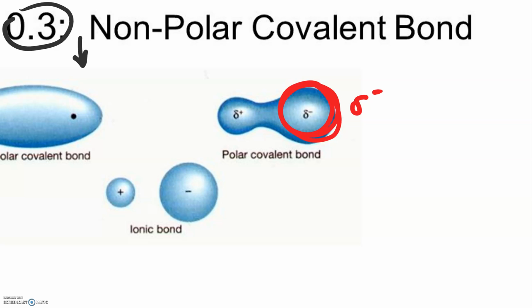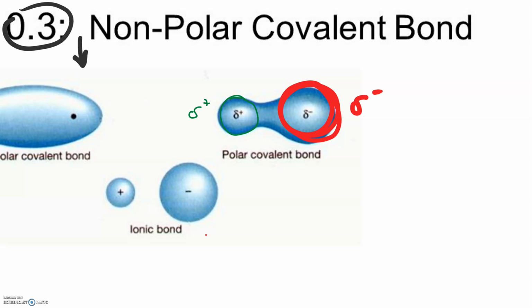It's not that we've got a negative atom and a positive atom like we have in an ionic bond. What we have here is simply a difference where one side of the molecule is relatively positively charged, and the other side of the molecule is relatively negative.